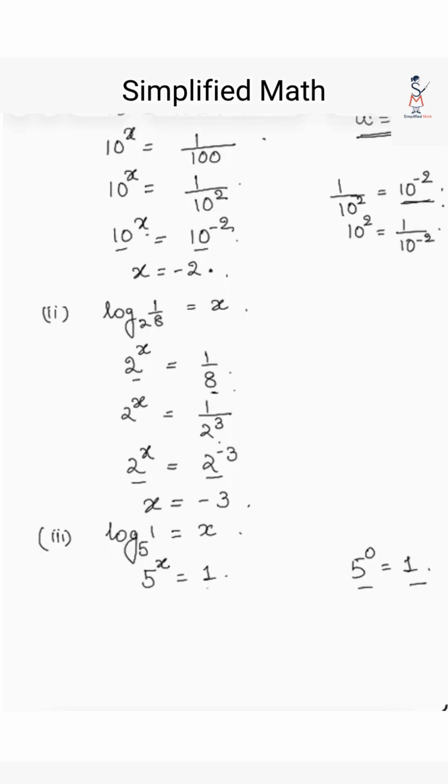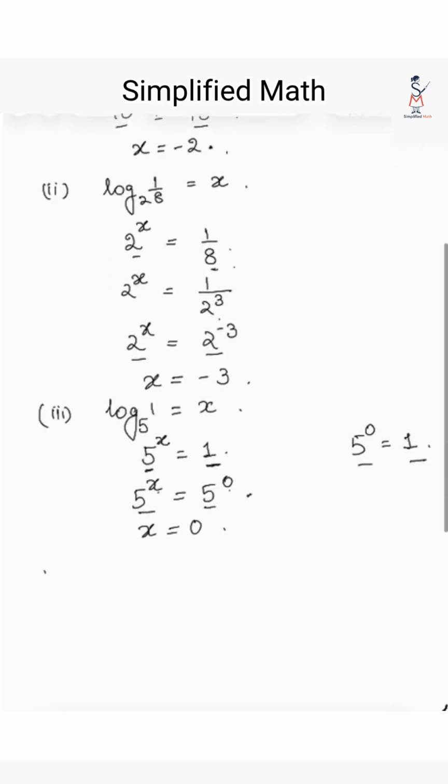So we can write 1 in the form of 5 raised to the power 0, because here we have 5. If it was some other number, we would have expressed it with that number as the base. So instead of 1, we can write 5 raised to the power 0, right? So 5 and 5 are the same bases, so x is equal to 0.